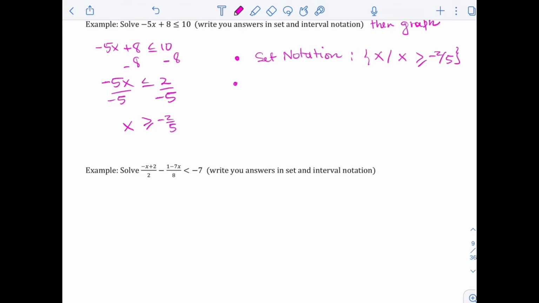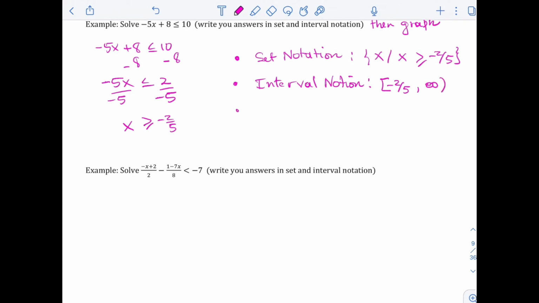The interval notation will be a bracket, of course. Bracket because it's an inequality and looks to the right. So we start with the bracket. This inequality has an equal sign too. So that's negative 2/5 to infinity. Parenthesis always on infinity.